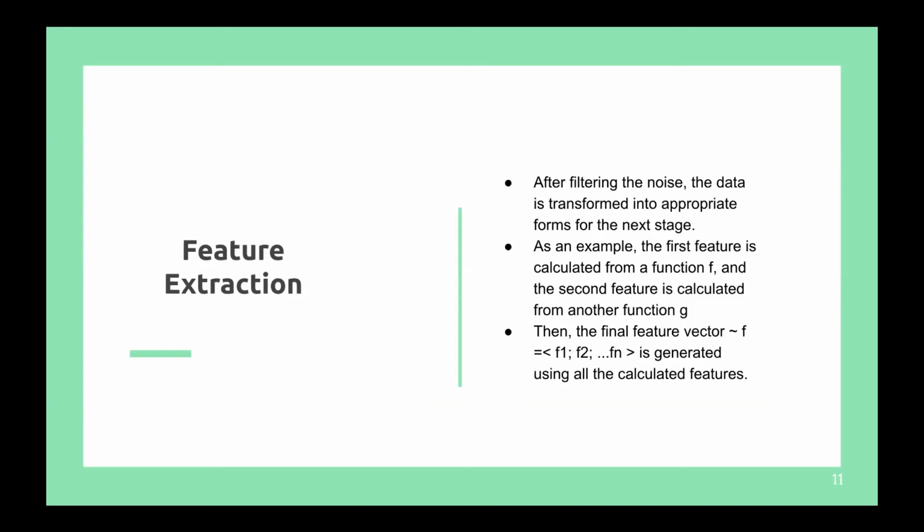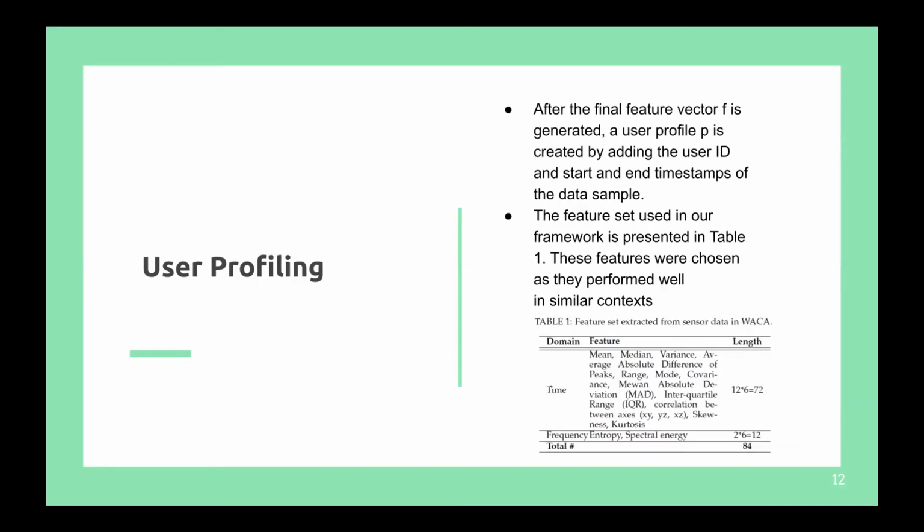There's a lot of vector math involved, but basically a vector is created for each user as a function of f. Once they have created all these functions, a profile is created, coupled with a user ID, a start and end timestamp, and the data sample that was used in order to take the readings in the first place.